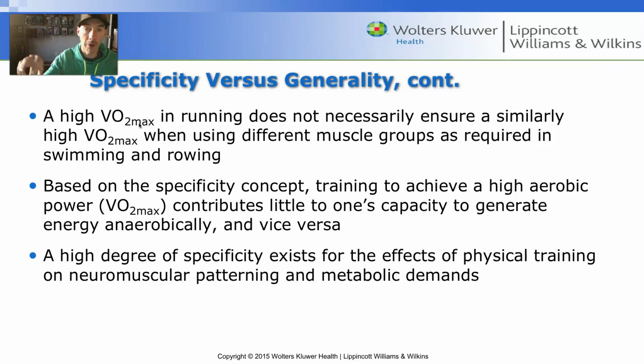So I can't be a runner and do nothing but run and then expect to be a good swimmer, because swimming is different from running, and there are specific adaptations that occur in response to running which are not going to occur in response to swimming, okay? And those are two aerobic activities. But again, the principle of specificity dictates that the adaptations to certain activities are very specific to that individual activity, okay?